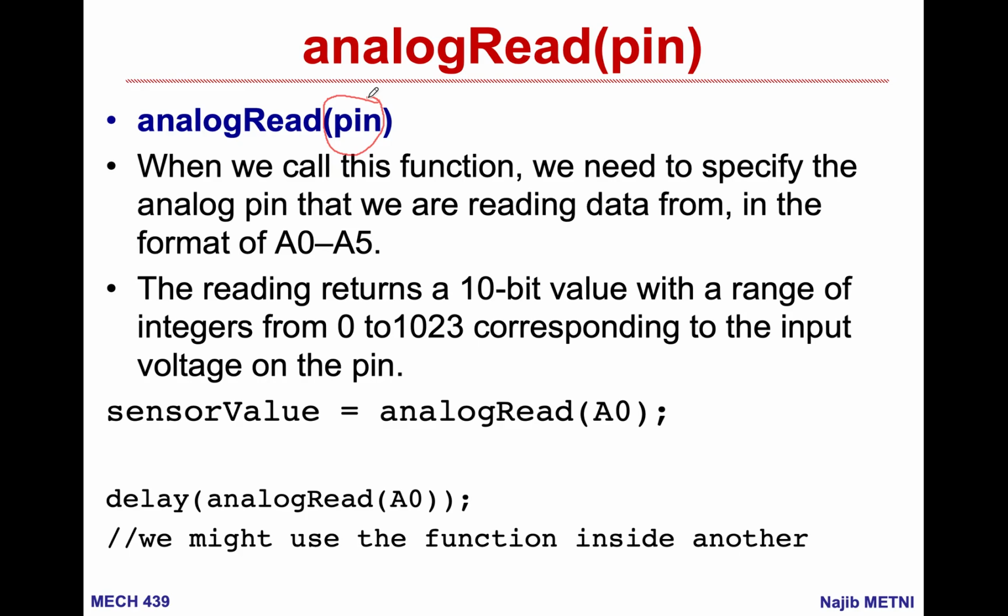What will be the output of analogRead? The output of the analogRead function is a value between 0 and 1023.